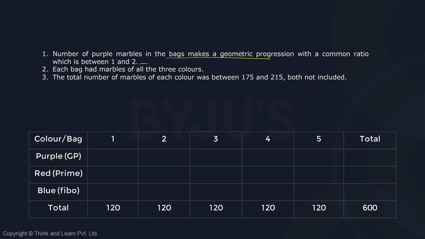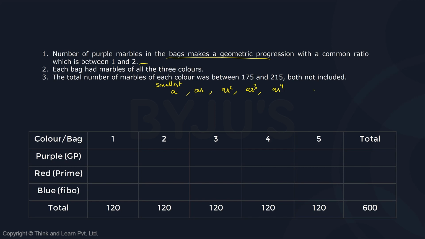Think on this. Let's say the smallest number of purple marbles is A. So the next will be AR, then AR squared, AR cubed, and AR to the power 4. R is definitely a fraction, right?